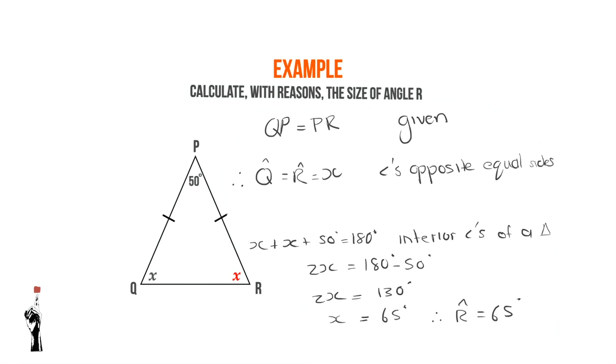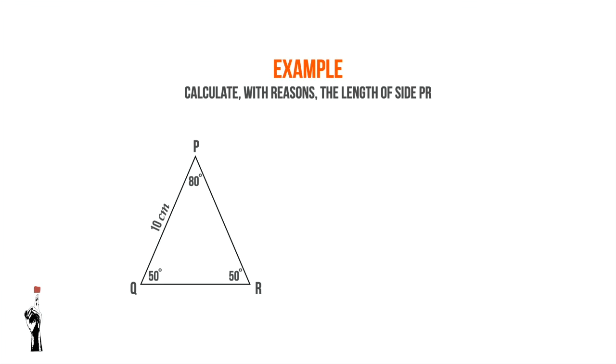Now let's do an example for scenario 2 of my isosceles triangle. Over here, I can see that they gave me my angles, and I see that angle Q is the same size as angle R. Furthermore, they gave me the length of QP, and they told me that it is 10 centimeters long. Now, they want me to calculate with reasons the side PR.